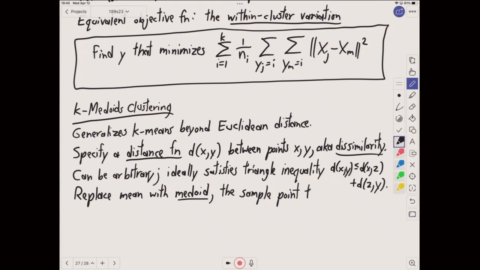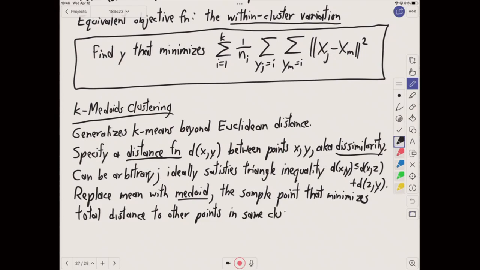It'll be the sample point that minimizes the total distance from that sample point to all the other sample points in the same cluster. So again, the medoid of a cluster is always one of the sample points in the cluster.